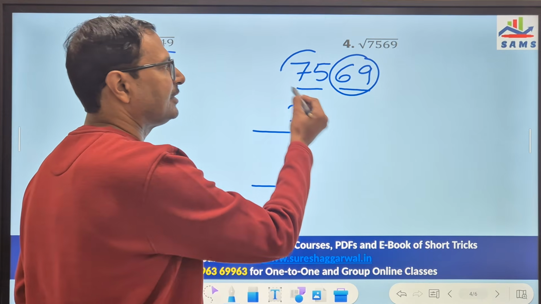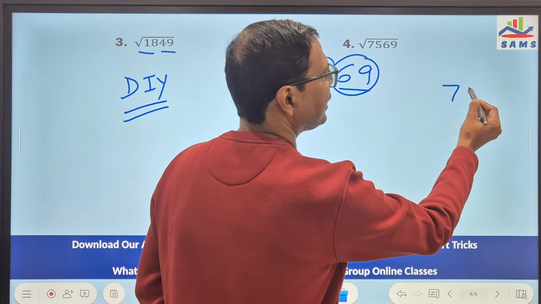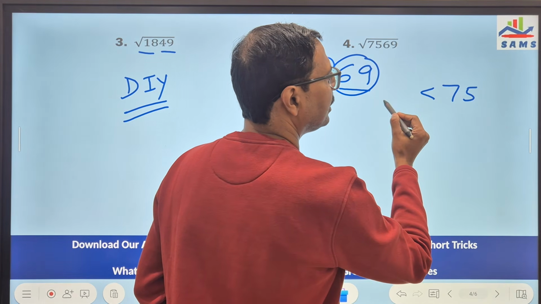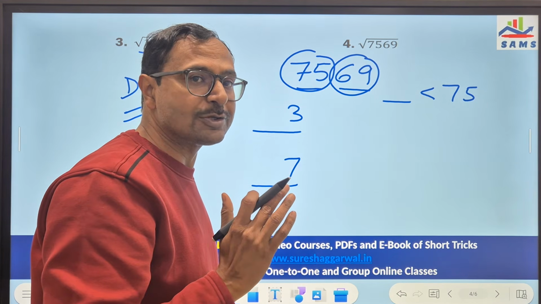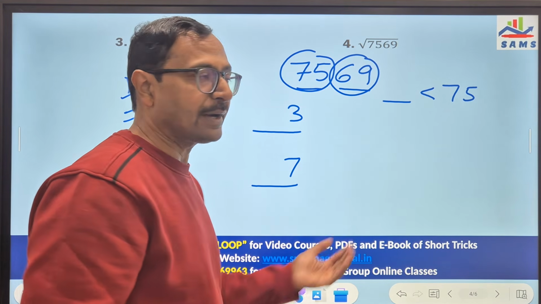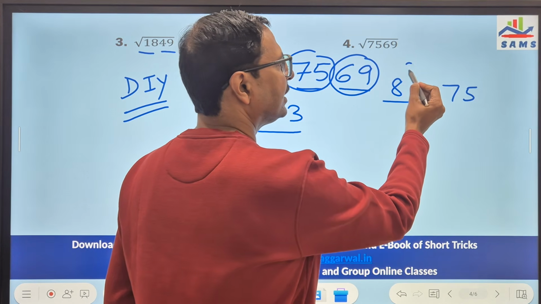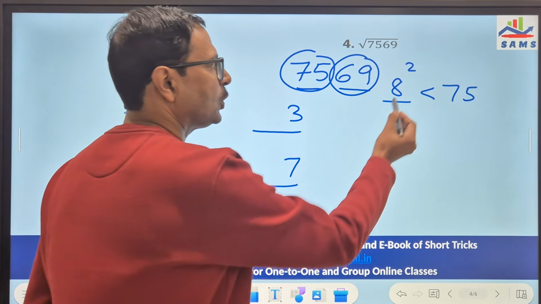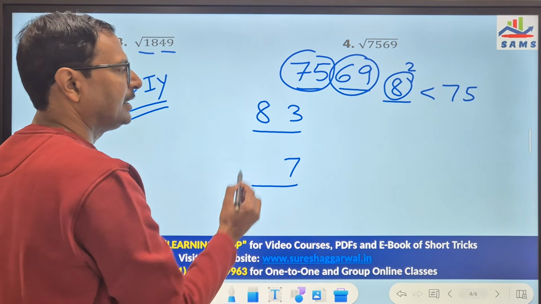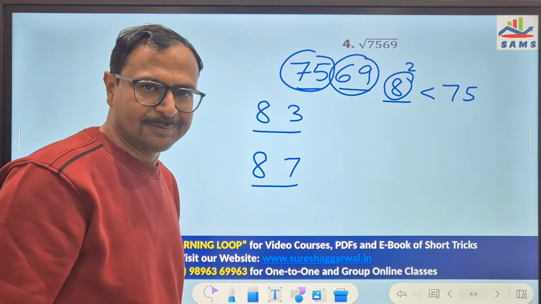Now 75, the remaining part. For 75, I need to find a number less than 75 or equal to 75, which is a perfect square. So 8 square is very close to 75. So 8 gets me the remaining part of the answer.